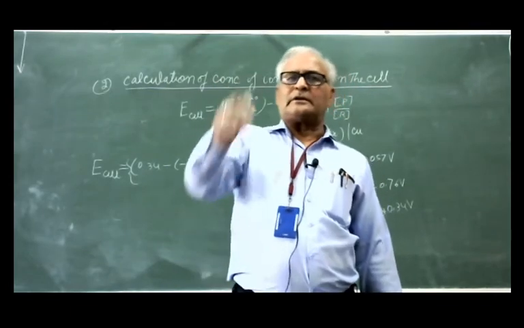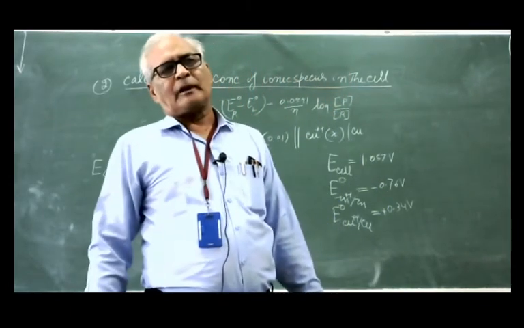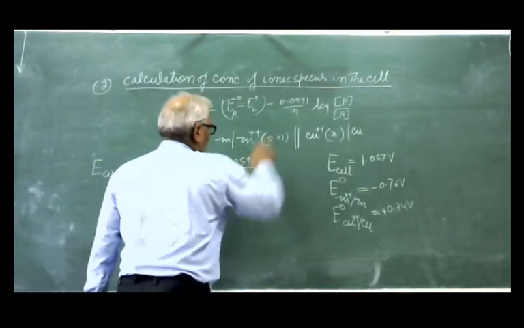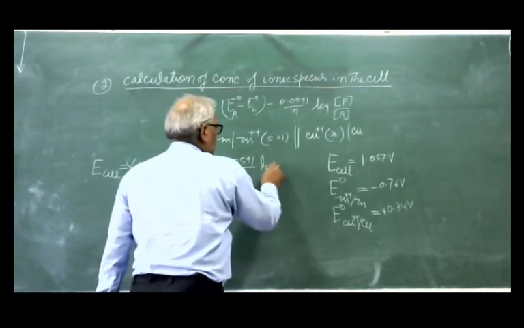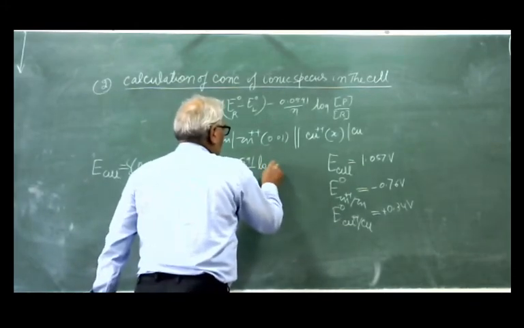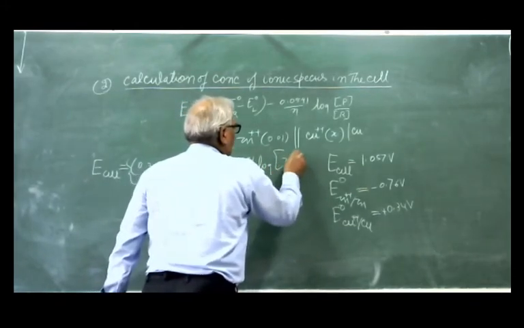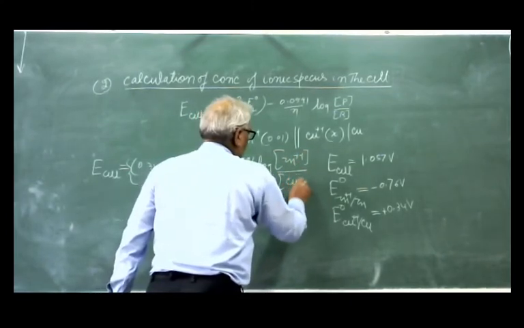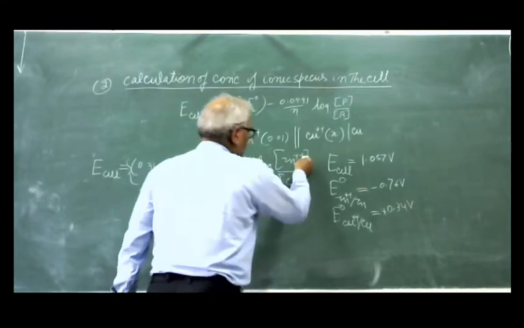So always reduction takes place at the cathode. So n is equal to 2, and you can write here log of concentration of zinc ion divided by concentration of the copper ion, like this.